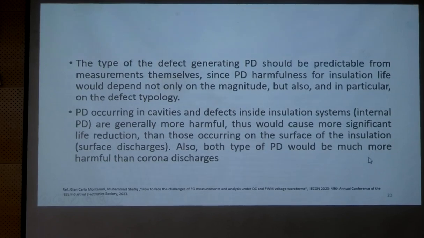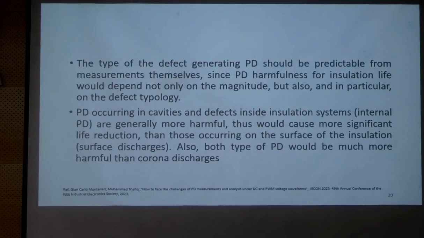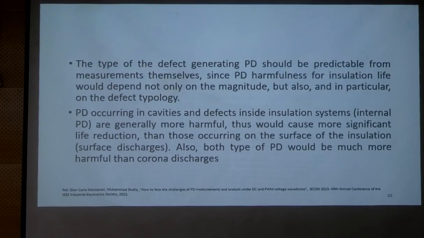As I told, based on the different types of defects, the magnitude also depends. Corona discharge may have less magnitude, surface discharge has still higher magnitude, and internal discharge has still higher magnitudes. Based on the defects, it depends.